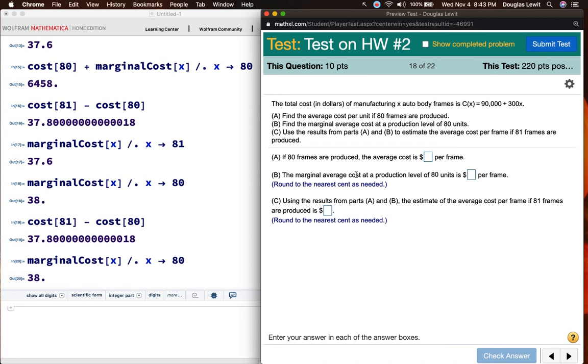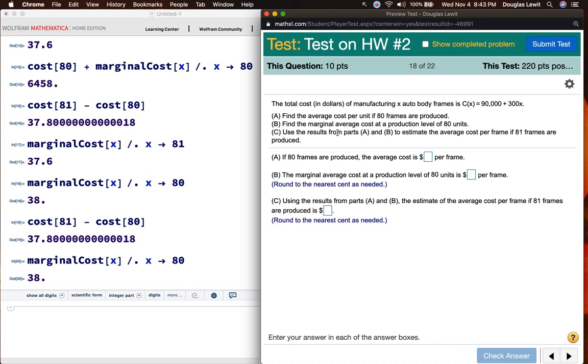This is pretty similar to problem number 16, but that's okay. Let's go over it. The total cost in dollars of manufacturing X auto body frames is, actually this is just like problem 16, but okay, let's do it anyway. The cost of X is equal to 90,000 plus 300X. Part A, find the average cost per unit if 80 frames are produced.